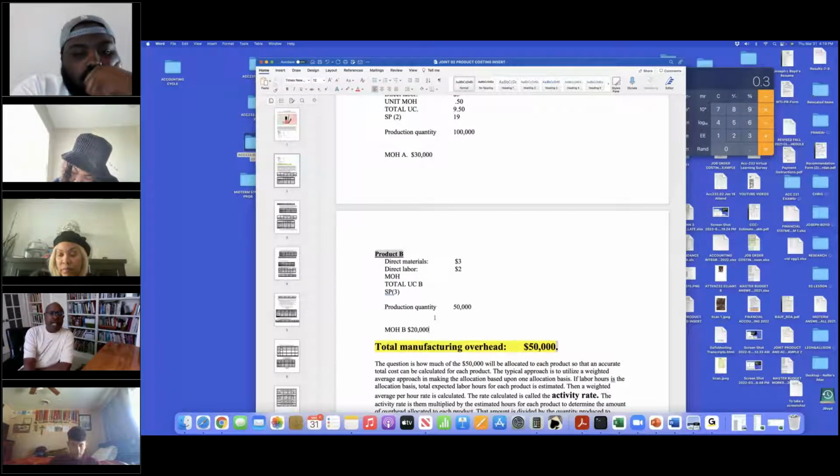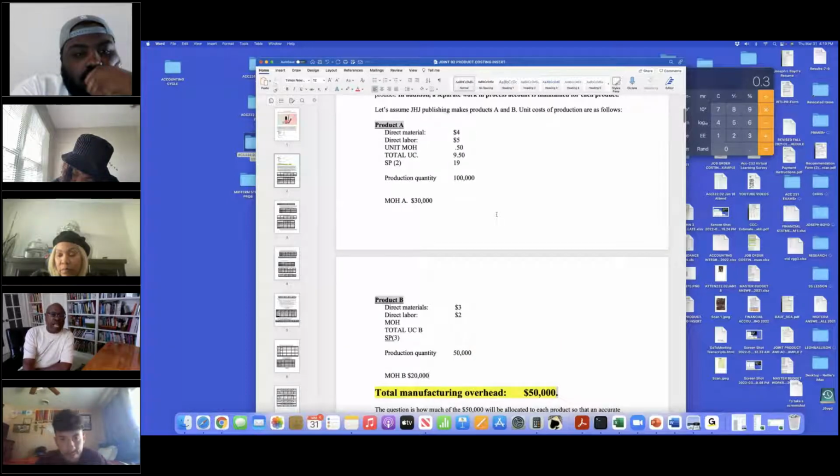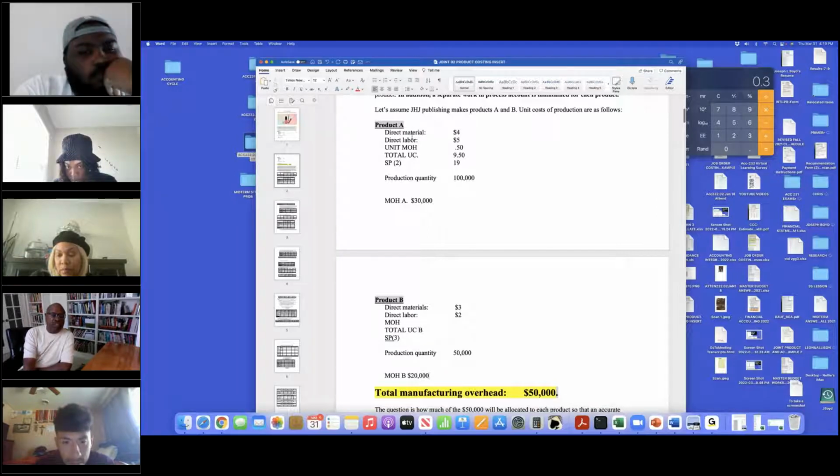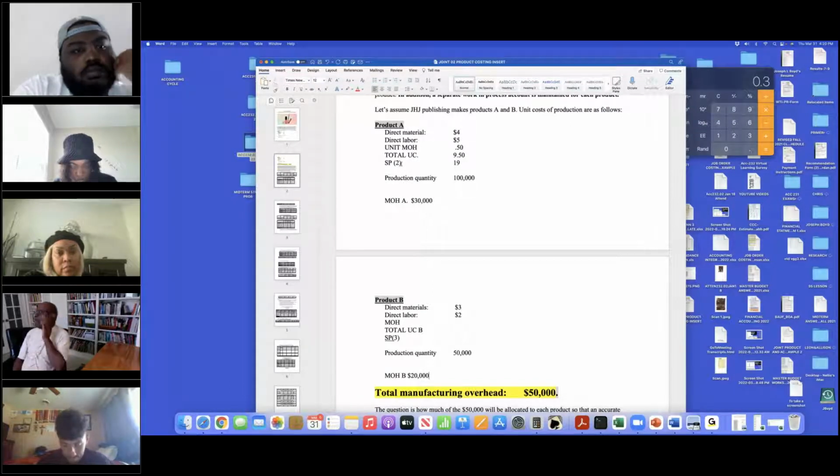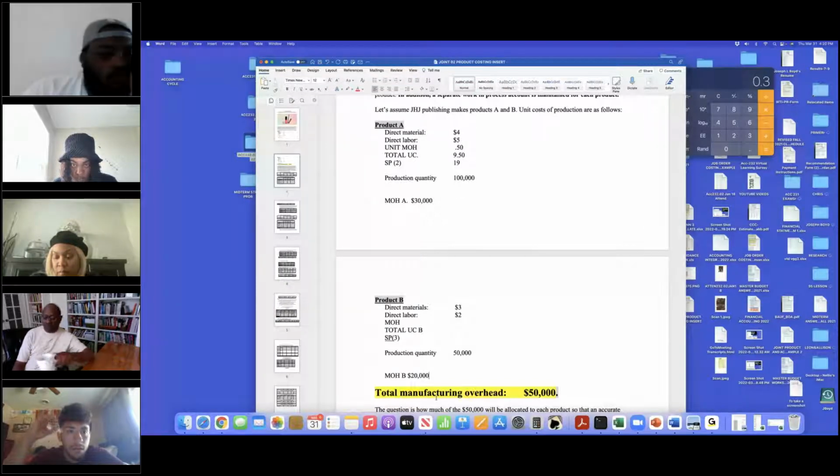Your job now is to recalculate unit costs for A and then get unit costs for B, as well as selling price. The selling price multiple for A is two, for B is three. Take a few minutes and calculate that for me and see if you can understand what we're doing.